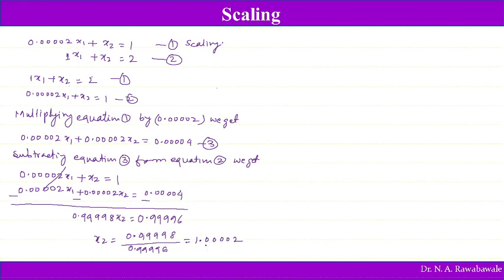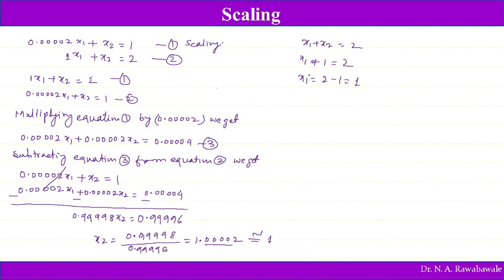So if we consider the answer up to 4 decimal places, x2 is equal to 1. Now if we substitute x2 is equal to 1 in any of these equations, x1 plus x2 is equal to 2, x1 plus 1 is equal to 2. So therefore x1 is equal to 2 minus 1, that is nothing but 1.